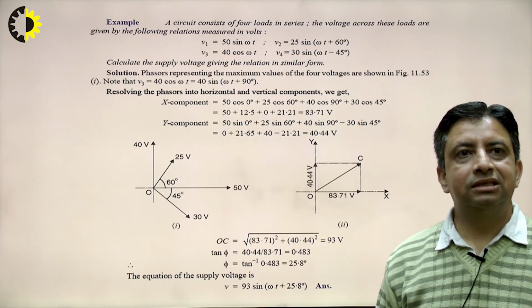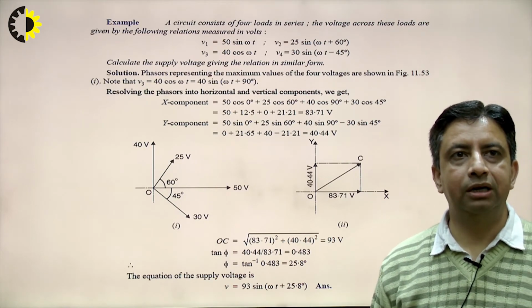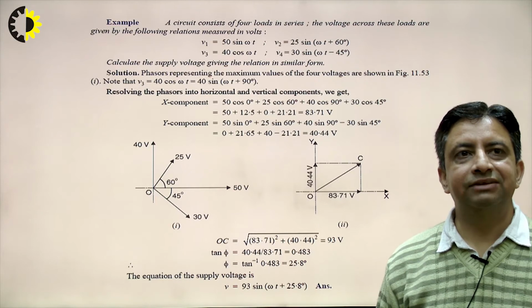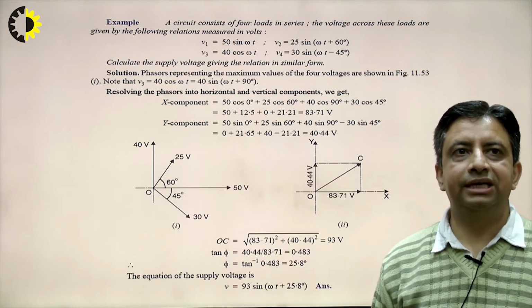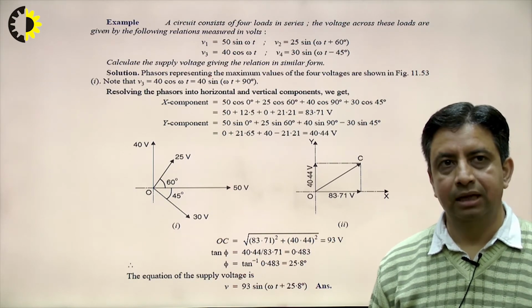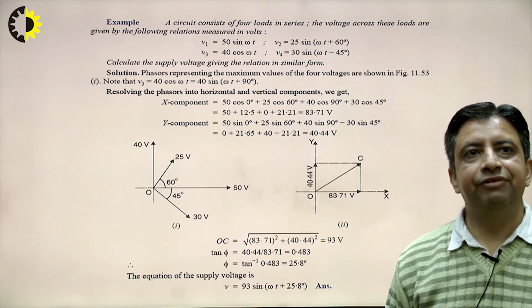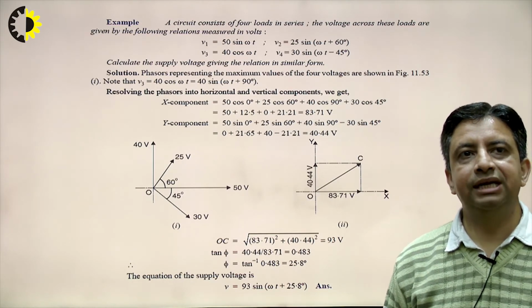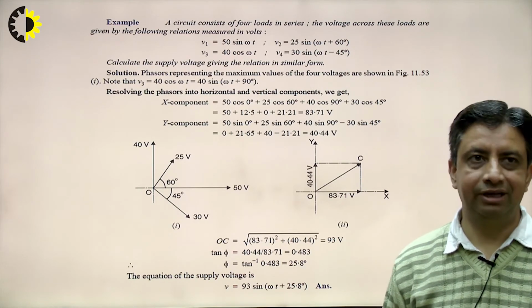Now, let us try to solve one problem related to this using the method of components. In this case we have 4 alternating voltages. The first one is V1 equal to 50 sin omega t, V2 equal to 25 sin omega t plus 60, V3 equal to 40 cos omega t and V4 equal to 30 sin omega t minus 45 degree.